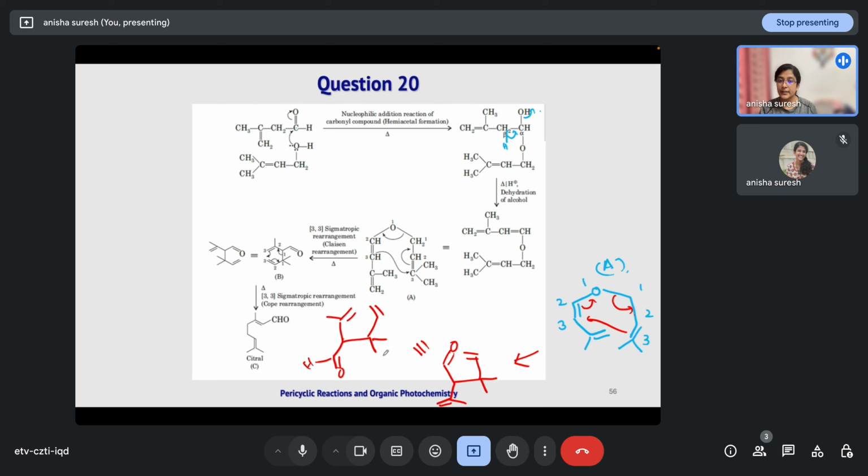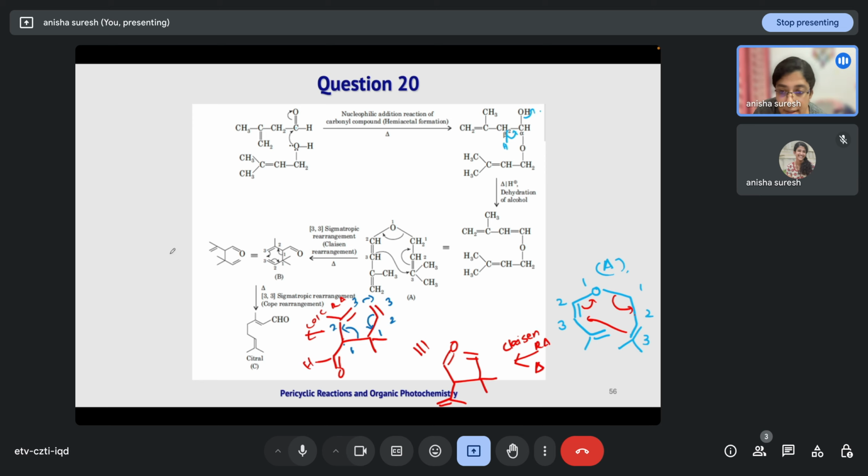The aldehyde we can draw like this. Now it will undergo a Cope rearrangement. Here it is undergoing a Claisen rearrangement. Now it can undergo a Cope rearrangement. 3, 2, 1. I will give a different color. 3, 2, 1. 3, 2, 1.